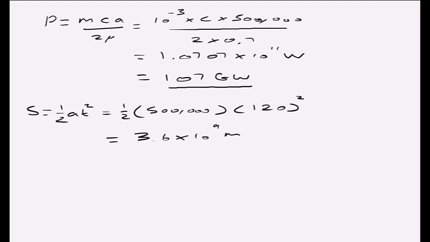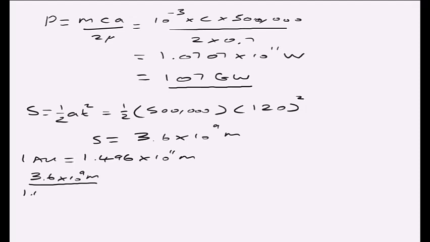And we know that 1 AU, the mean distance between the Earth and the Sun, is around 1.496 times 10 to the 11 meters. And so if we divide that, we simply get 3.6 times 10 to the 9 meters divided by 1.496 times 10 to the 11 meters, and this gives us around 0.024 astronomical units.